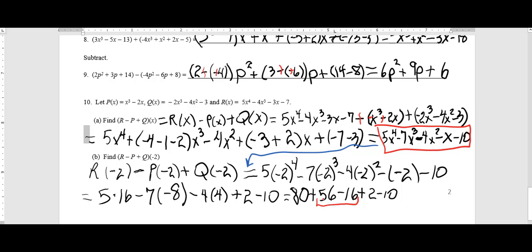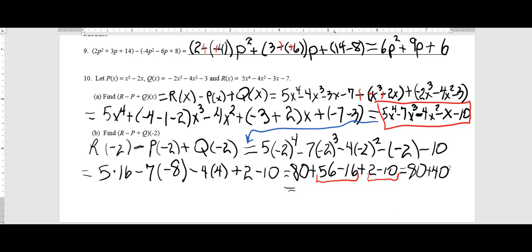And I can actually work with this in any order as long as I respect the signs that are in front of each term. So 56 minus 16 is 40. 2 minus 10 is a -8.